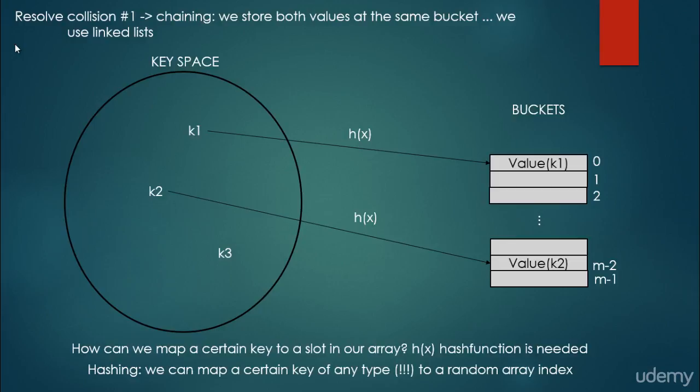Then we calculate the index for the k3 key, and it is a collision. We get the m-2 index again, and we try to insert two items into the same bucket. It's not a problem. We solve this problem with the help of chaining. We store a reference from this array slot, pointing to the next value, the value k3.